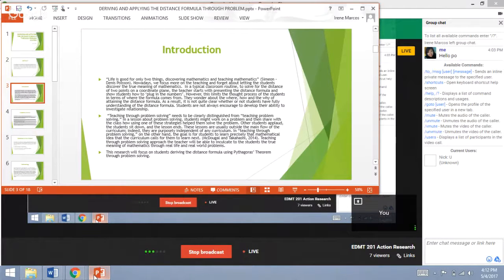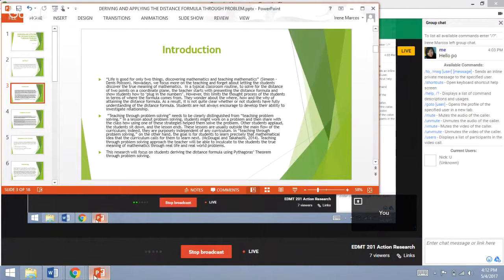Now, these lessons are usually outside the main flow of the curriculum, and they are purposely independent of any curriculum. But when we say teaching through problem solving, the goal is for the students to learn precisely that mathematical idea that the curriculum calls for them to learn next.